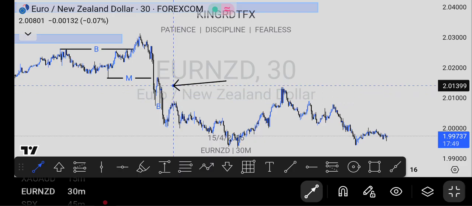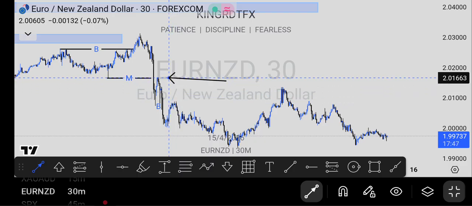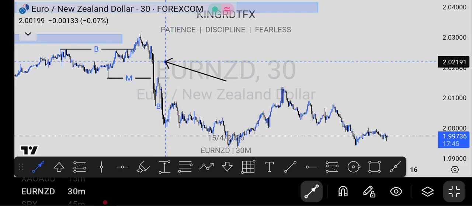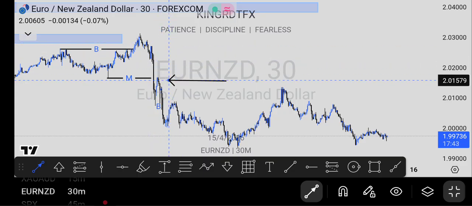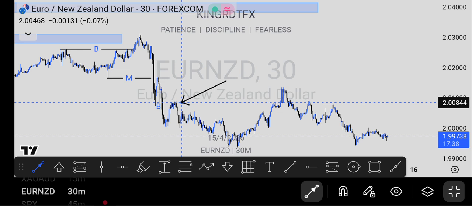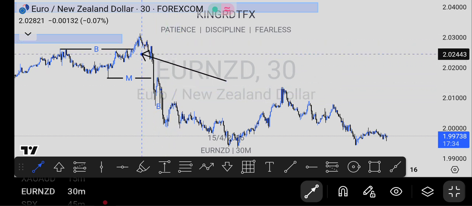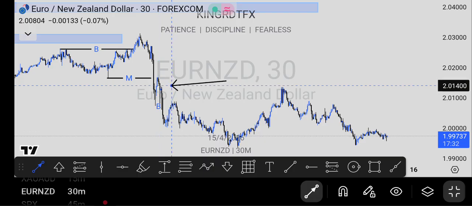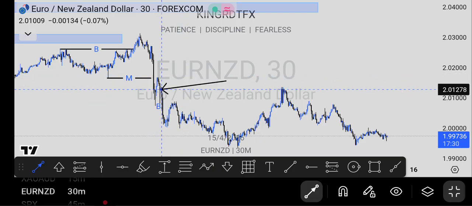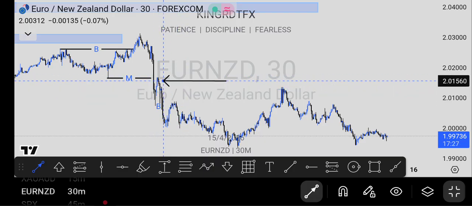So mostly price is not gonna mitigate this extreme PD array, but this one, right? Because the buyers lost control, they're not in control anymore. They can't push the market to this order block right here. So the market is only gonna react from this point, right?